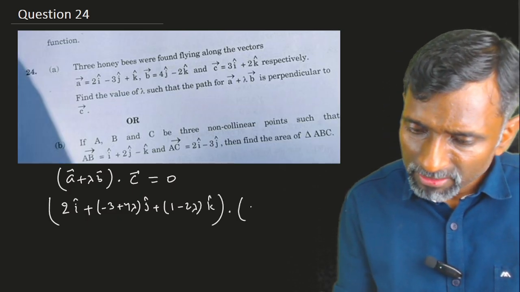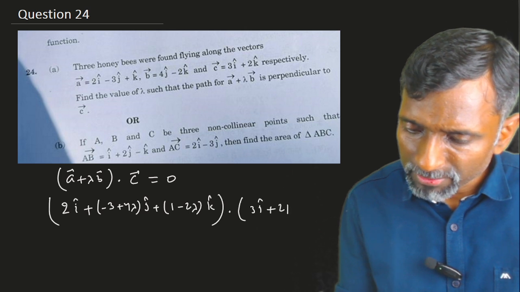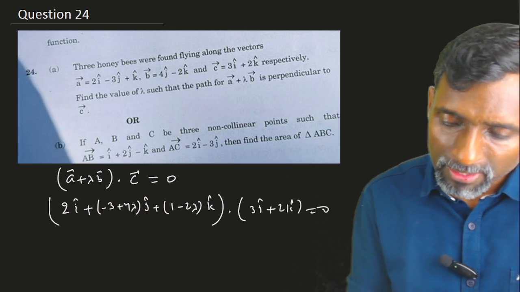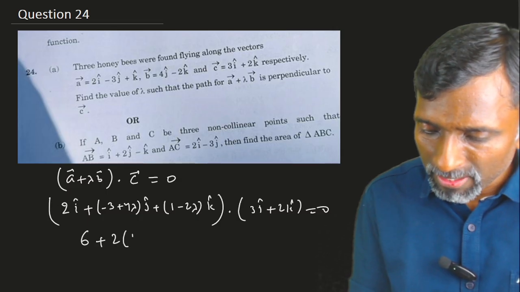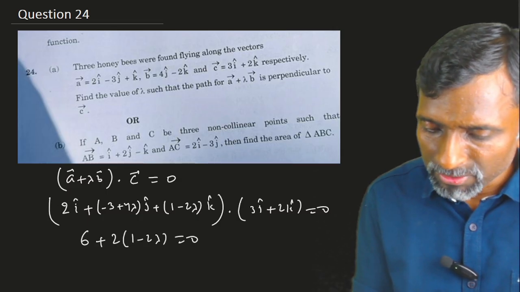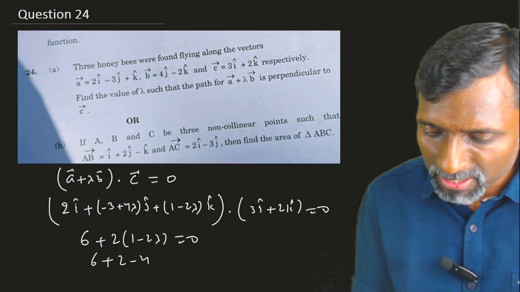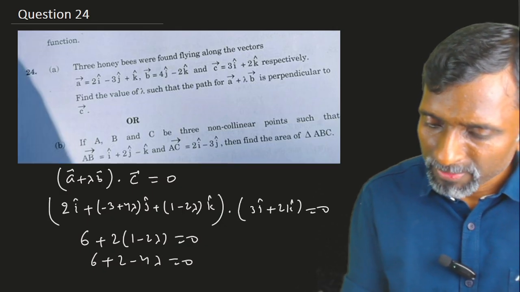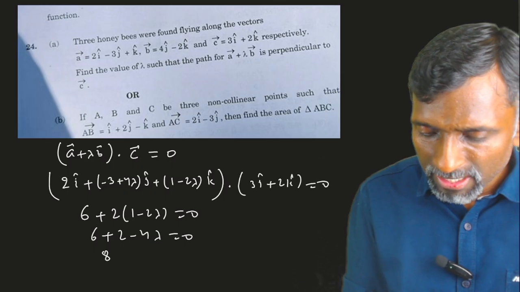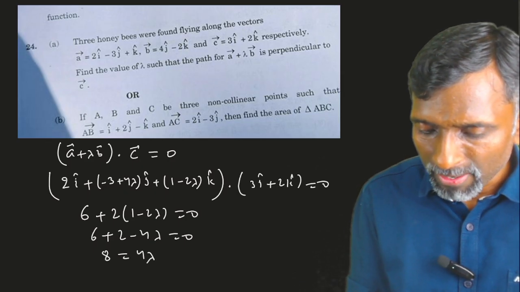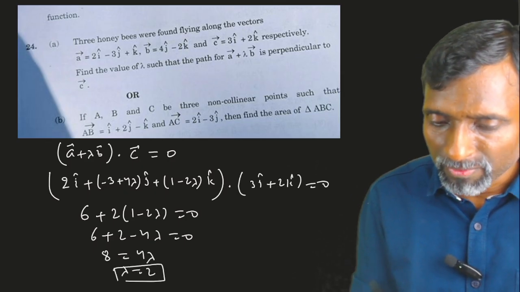We have to find the dot product with 3 i cap plus 2 k cap, equal to 0. So 3 times 2 is 6, plus 2 multiplied by (1 minus 2 lambda) is equal to 0. So 6 plus 2 minus 4 lambda is equal to 0. So we can say 8 is equal to 4 lambda, and lambda is equal to 2. So we got the answer.